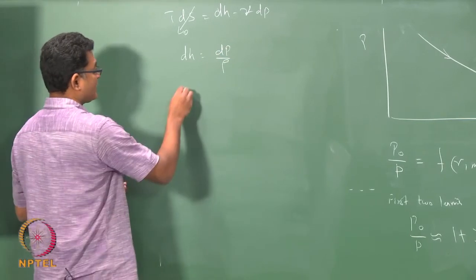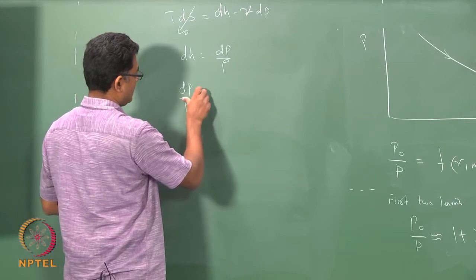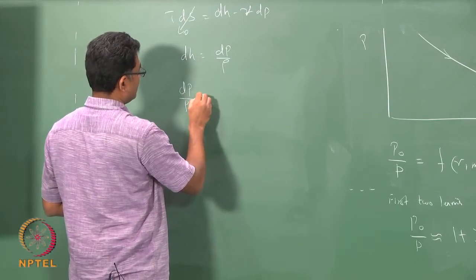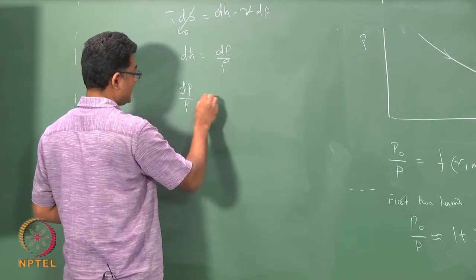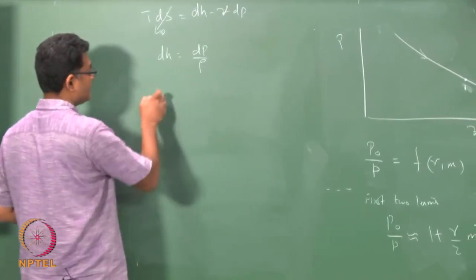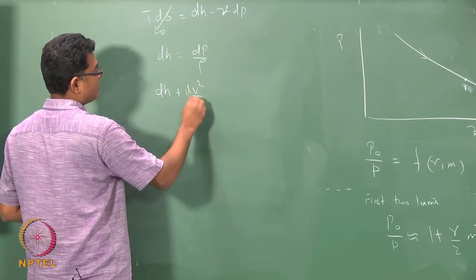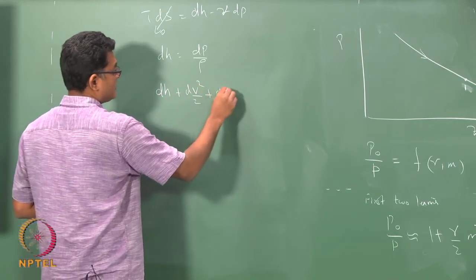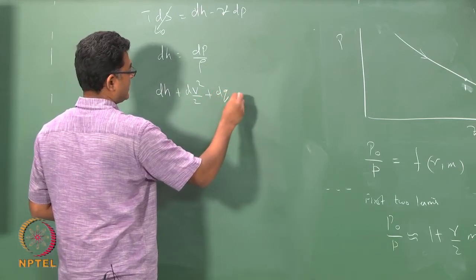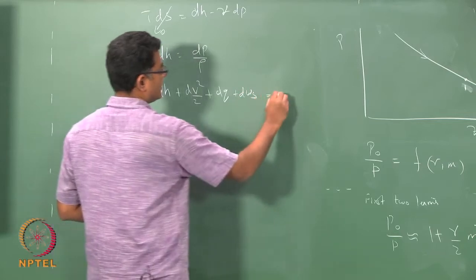Now from the enthalpy relation, dH plus dV square by 2 plus dQ plus dWs equals 0.